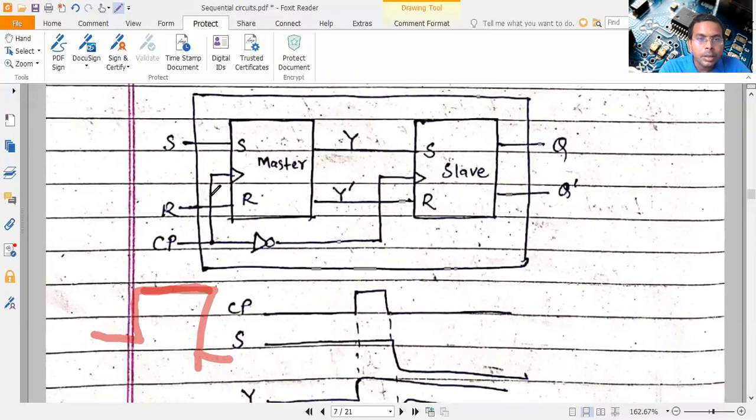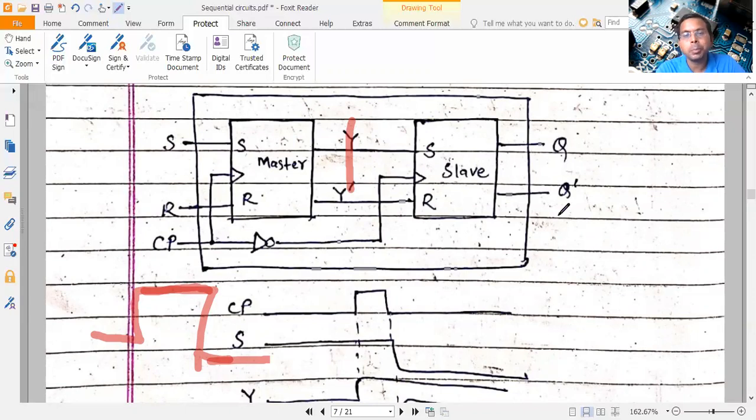There is one clock pulse controlling the master, and the negative of the clock pulse is reaching the slave. Whenever clock pulse is 1, this flip-flop is active and the slave is inactive because 0 will reach there. Once after fluctuating, S stabilizes to some value of Y, and once the clock pulse goes to 0 state, only then this stable output will become the input of the slave.